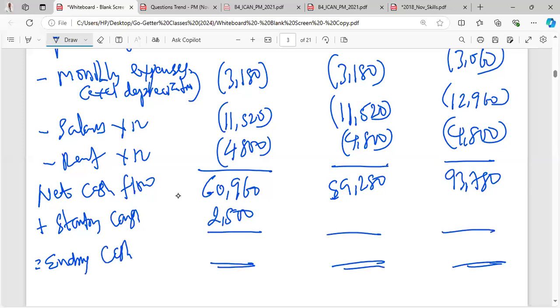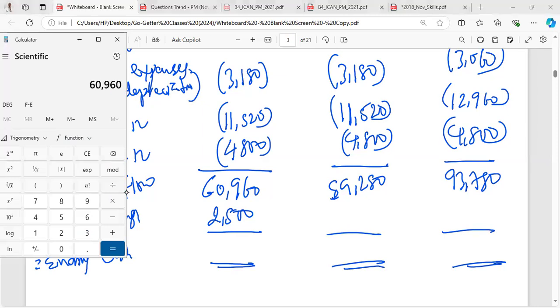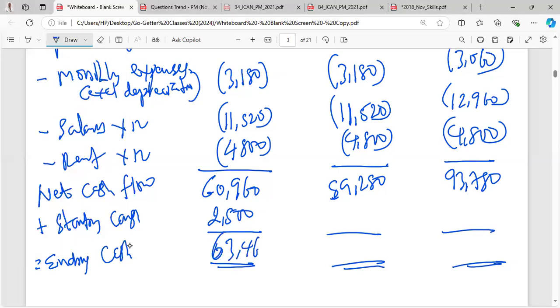So if you add 60,960 plus 2,500, it will give you 63,460. Your ending cash will become your beginning cash, 63,460.